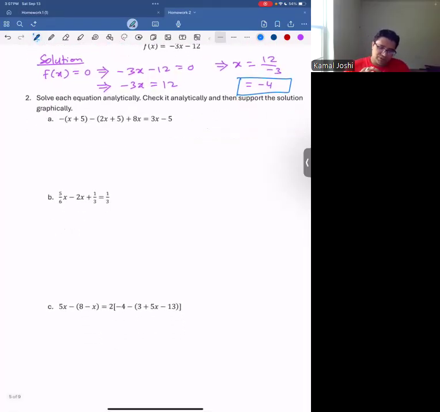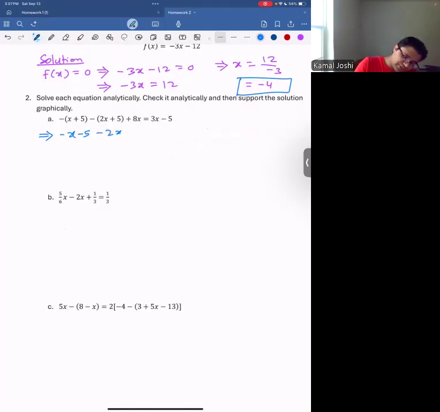Next, solve each equation analytically and support the solution graphically. Check analytically and support graphically. Let's begin with the first one. Minus x minus 5. I'm going to simplify the left-hand side, and the right-hand side is already simplified.